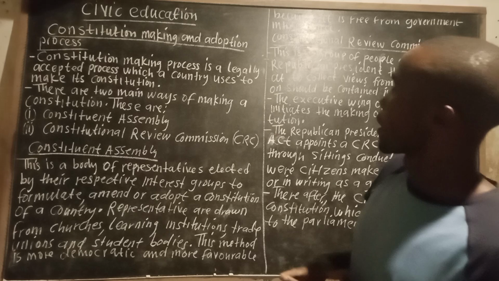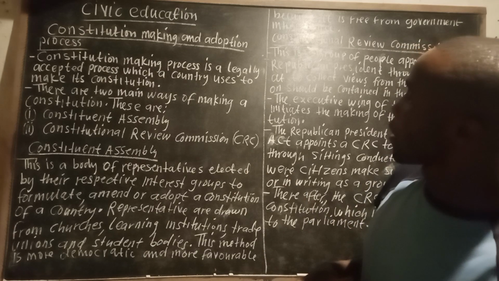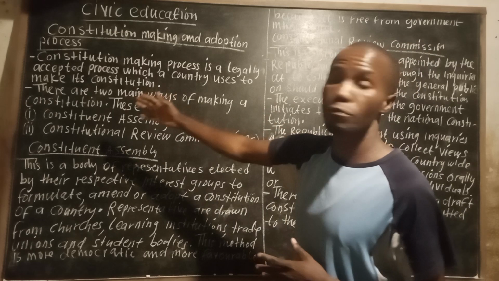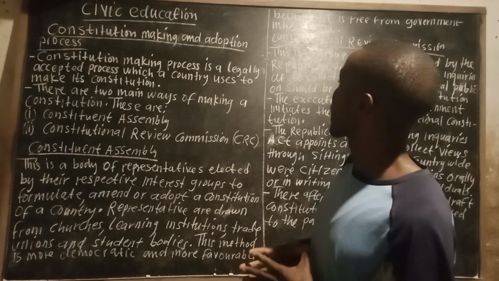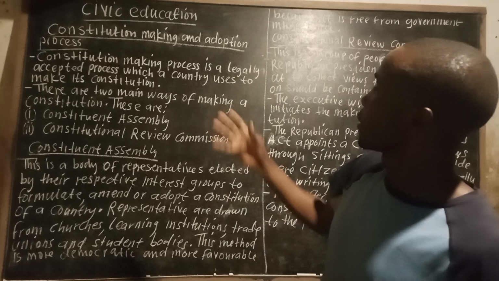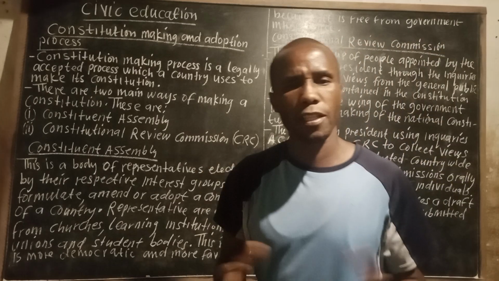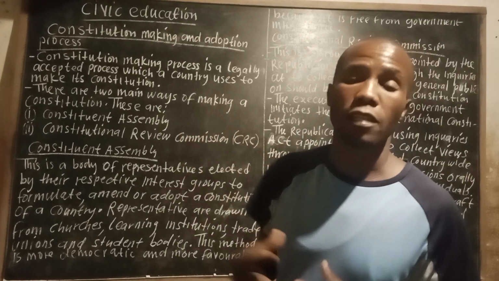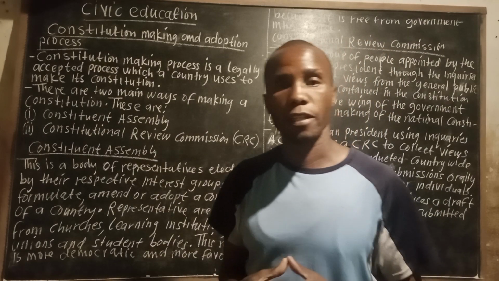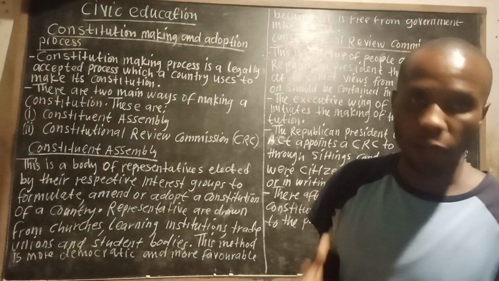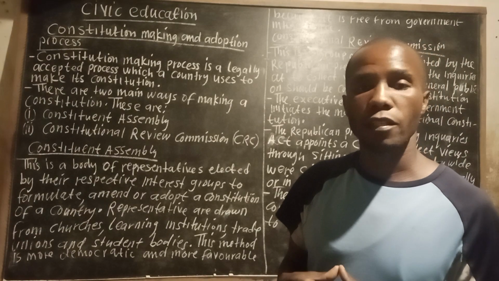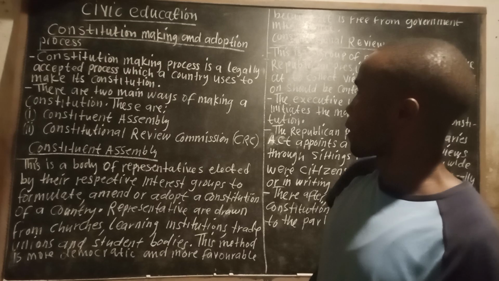Point number one says the constitution making process is a legally accepted process which a country uses to make its constitution. This is the process which every country accepts in order to make its constitution.